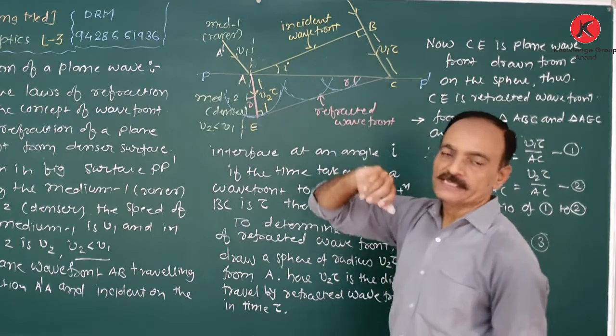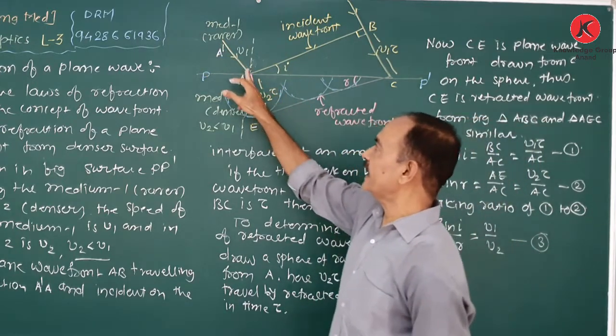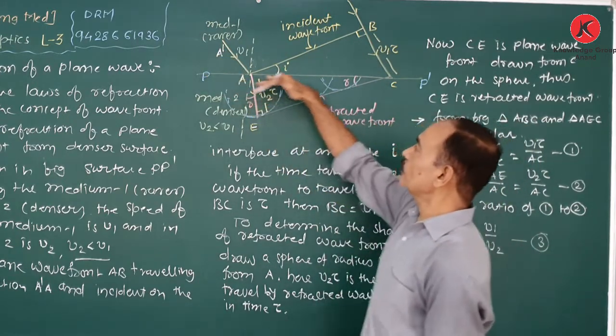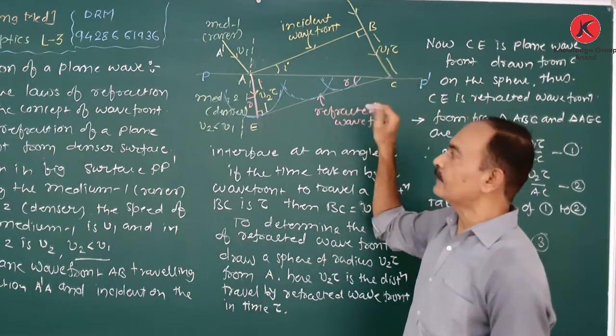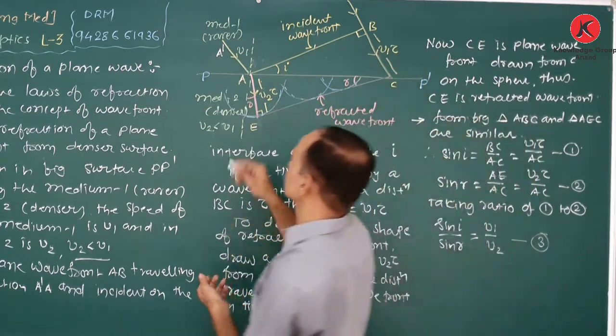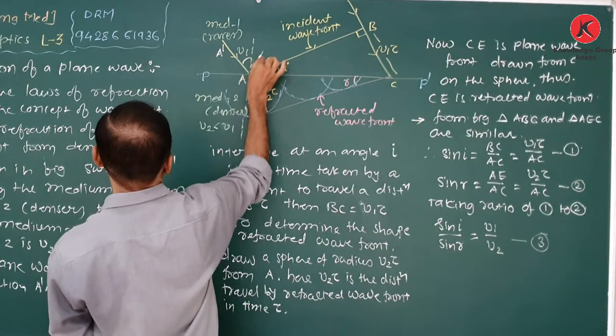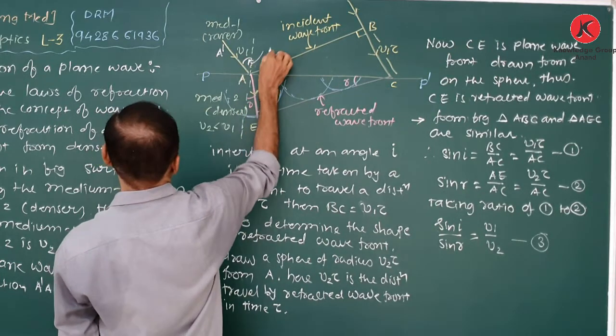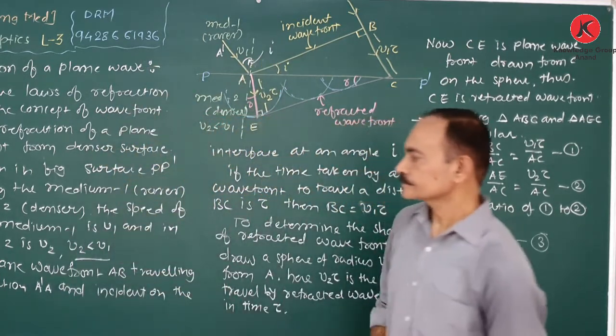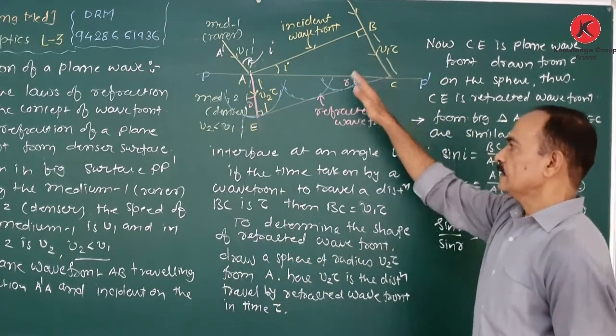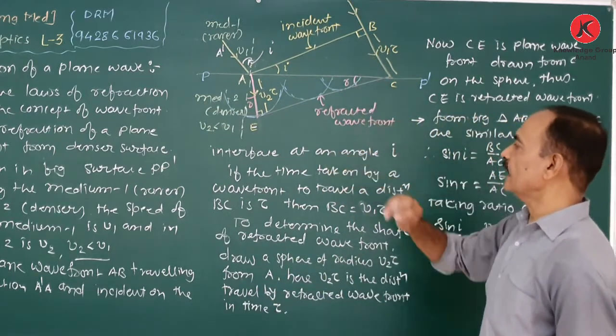Plane wave front AB is traveling in the direction A dash A, incident on the surface separating the two media at an angle I. So this angle is also I.